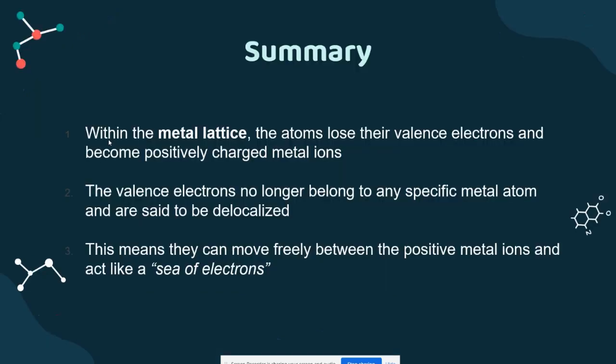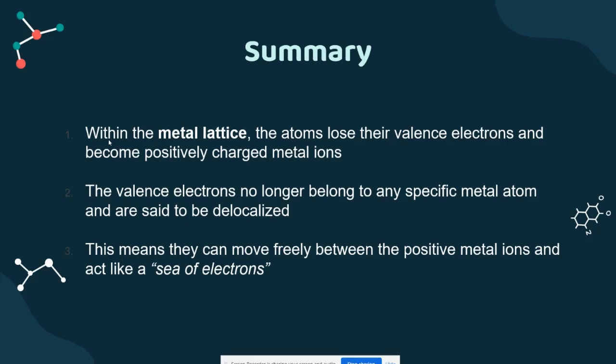Let's sum up. Within the metal lattice, the atoms lose valence electrons and become positively charged metal ions. Here, I would like to mention that without any doubt, when we learn chemistry, every topic is interlinked. So, when we talk about positively charged metal ions, the word could be this, or if it is written cations, we know that cations are the atoms that lose their valence electrons to become positively charged metal ions.